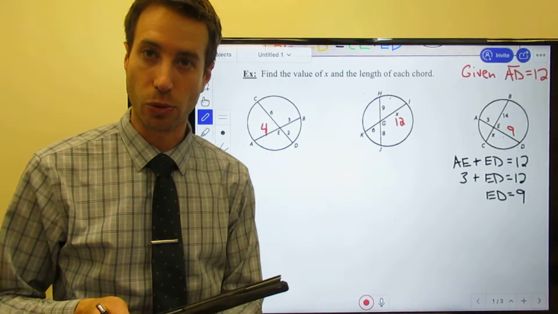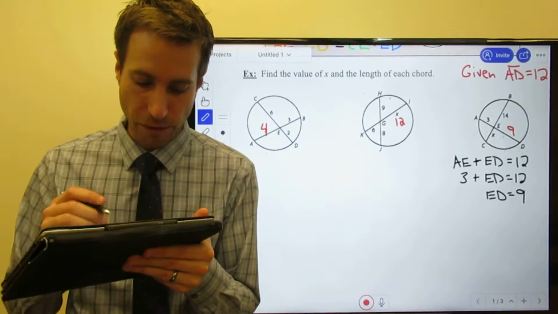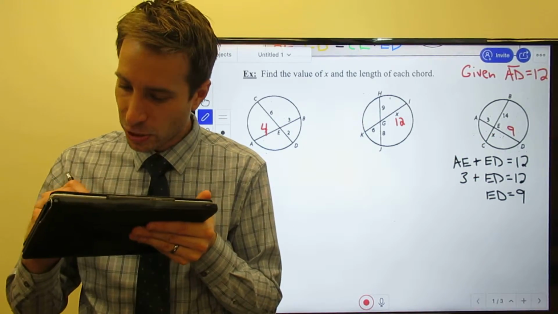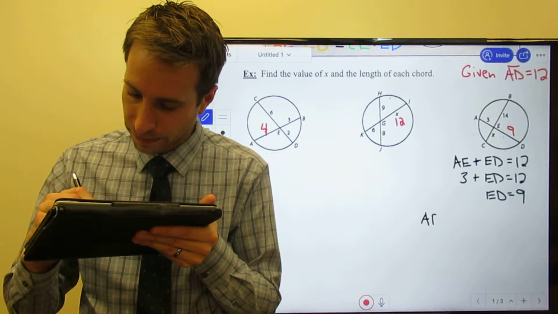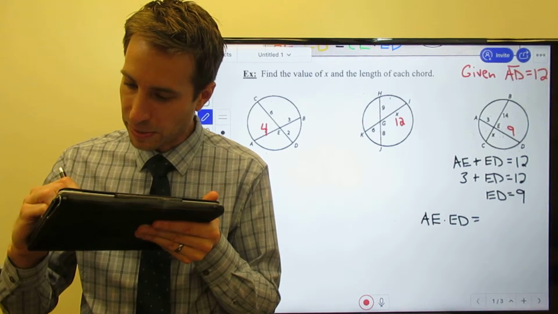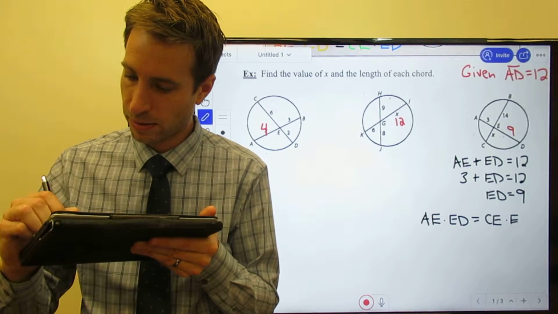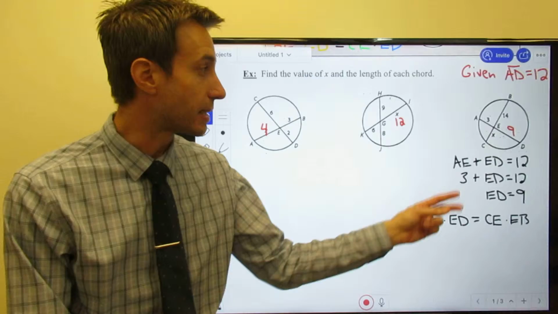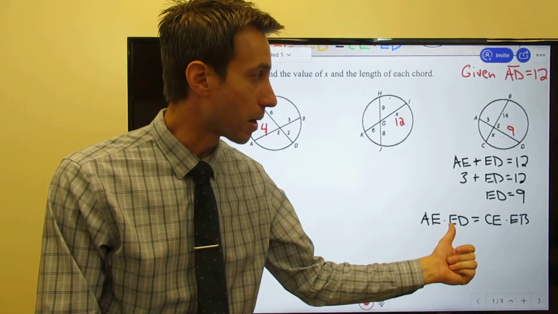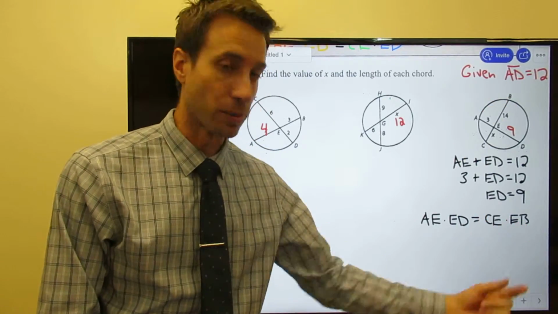Now we're all set. We'll set up our chord product theorem and solve for my other unknown, in this case x. So I know that AE times ED has to be equal to CE times EB. I take my segments AE and ED and multiply them together, then take CE and EB and multiply them together.